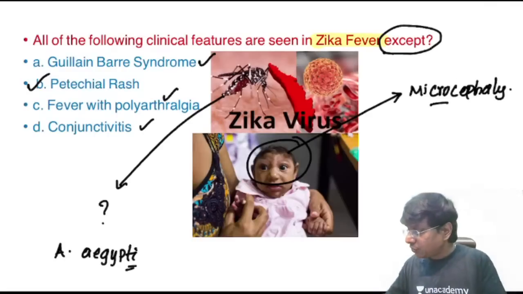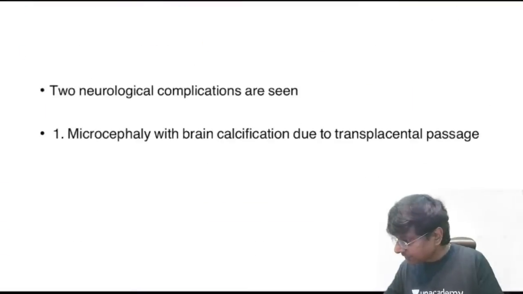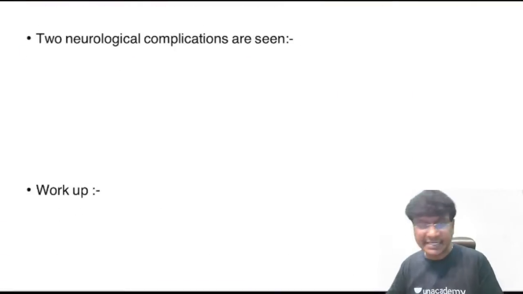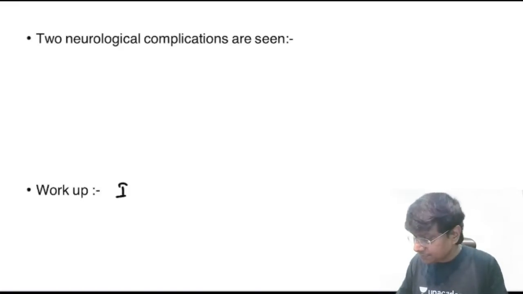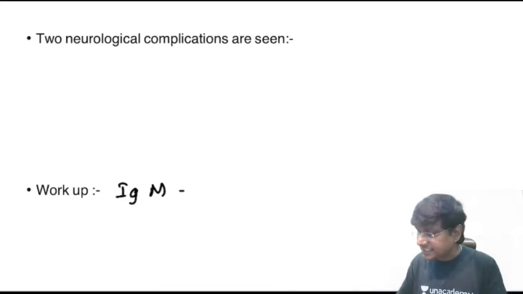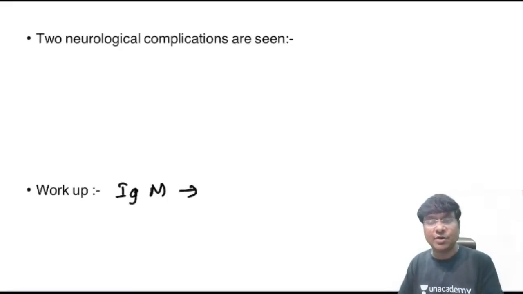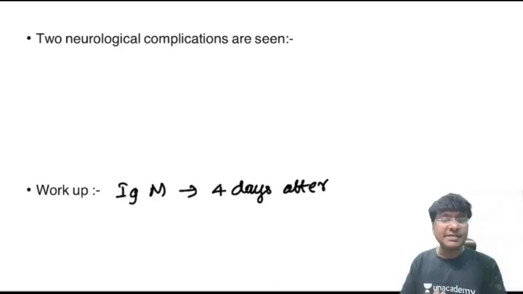Now coming to the workup in these patients with Zika virus. You have the antibodies, that is Zika MAC ELISA, IgM neutralizing antibody. This IgM neutralizing antibody is detectable 4 days after the symptom onset.